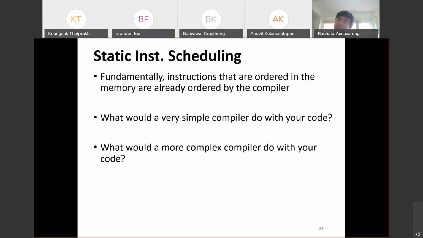A more complex compiler can do a lot more things on your code because of this. Syntactically, as long as the compiler understands semantically what you are trying to do in your program, and as long as the results are correct, it doesn't matter what the order of the instructions is, right?